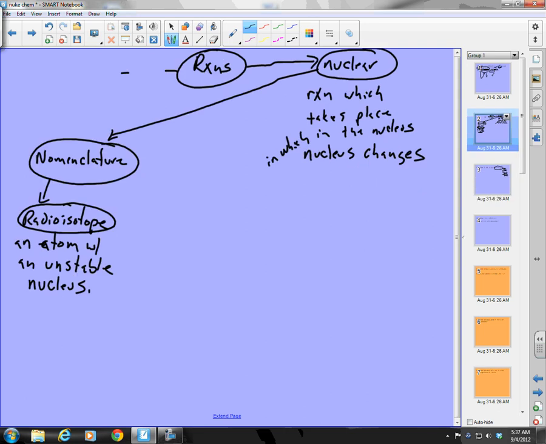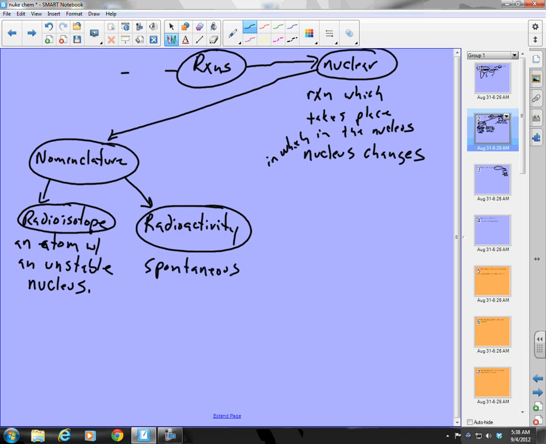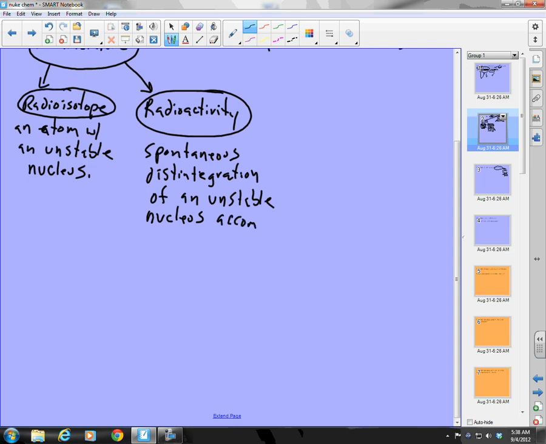Good. So now let's move on from radioisotope and learn a word that you have all heard before, and that is radioactivity. Good, radioactivity. Now, what is radioactivity? Radioactivity is, and I like this definition, the spontaneous disintegration of an unstable nucleus accompanied by emission.